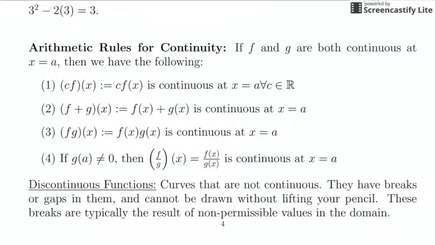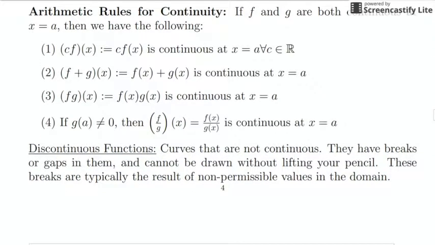Additionally, if you've got those two functions that are both continuous and you add them together, their sum is also going to be continuous at x is equal to a, which is kind of a handy little tool. Oh, by the way, that also works for subtraction as well. If you took the difference between those two, they would also be continuous. If you take their product, then their product is also continuous at x is equal to a.